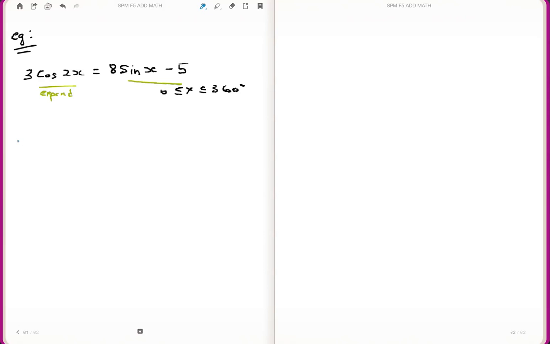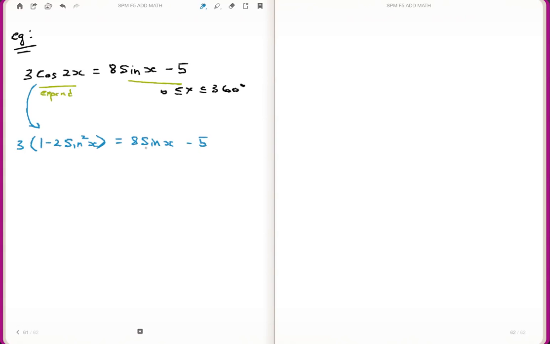So to solve this, 3 cos 2x. This is sine, so you want to convert this cos 2x into sine. That will be 1 minus 2 sine squared x, based on the law. Then it equals 8 sine x minus 5.